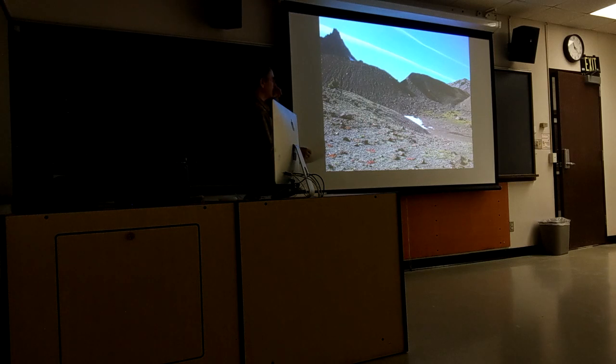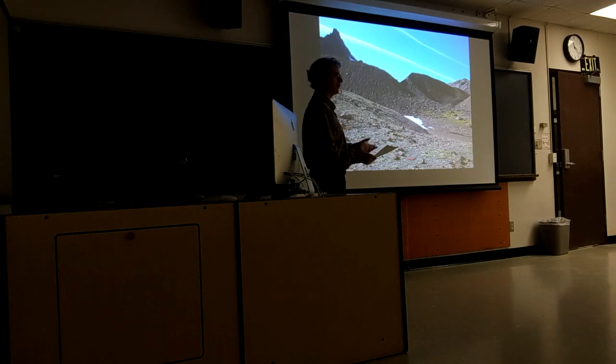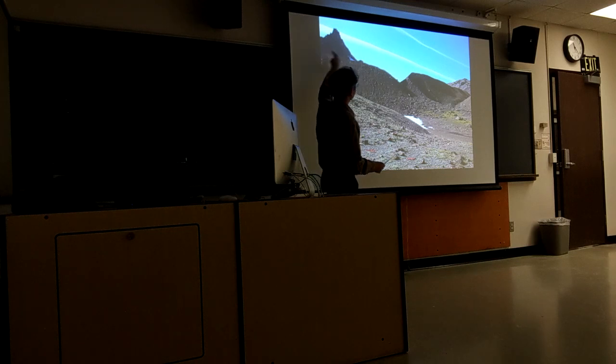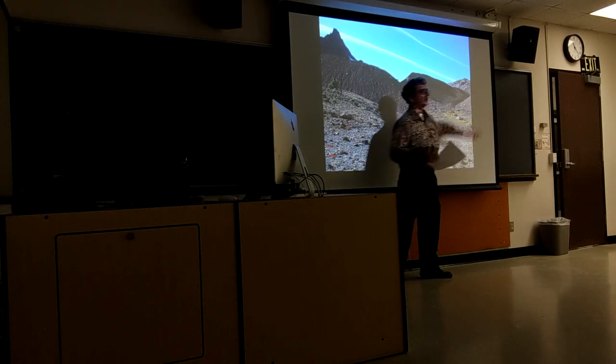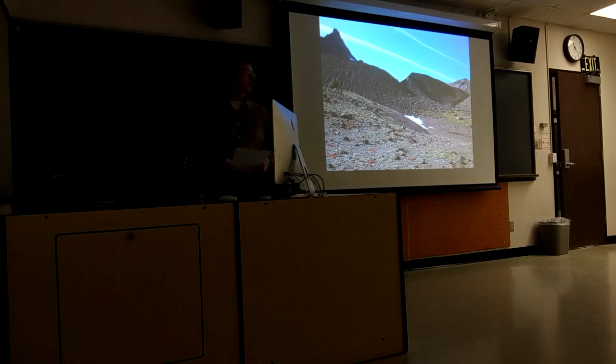Now here's a relatively different sort of case. These are some moraines up on Broken Top, and this is Broken Hand over here, if you're familiar with that area at all. Three Sisters Wilderness, west of Bend. And this is kind of cool.